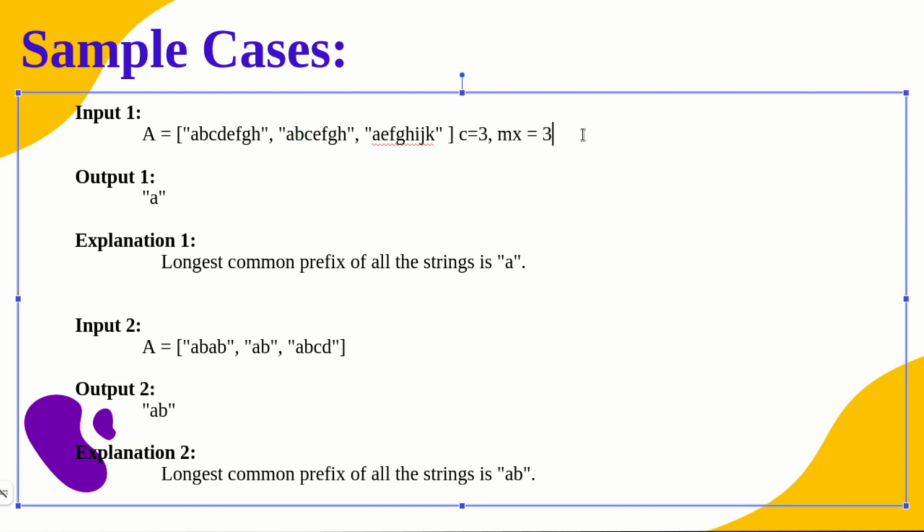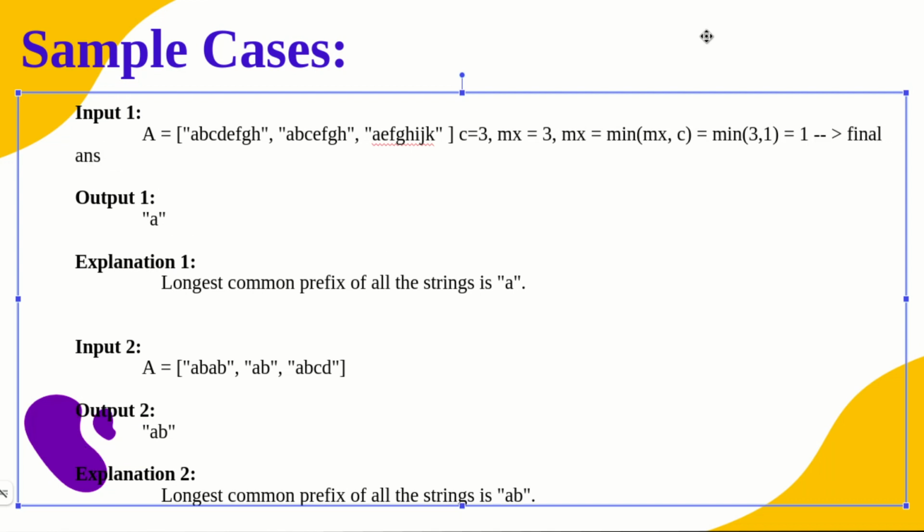And that's why by doing step 5, mx equals the minimum of mx and the current c, which is the minimum of 3 and 1, which is 1, and this will give the final answer. Why? Because as you can see, only the characters that are common to all will fit into the minimum function.